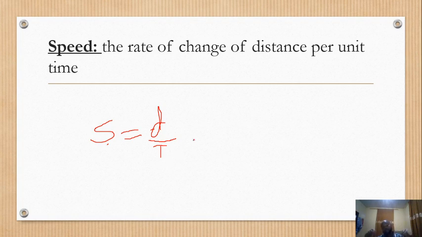If we divide two numbers, the upper one is the numerator and the lower one is the denominator. So the distance, D, is the numerator, and the T is the denominator.